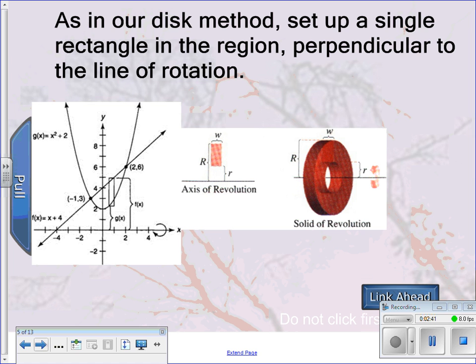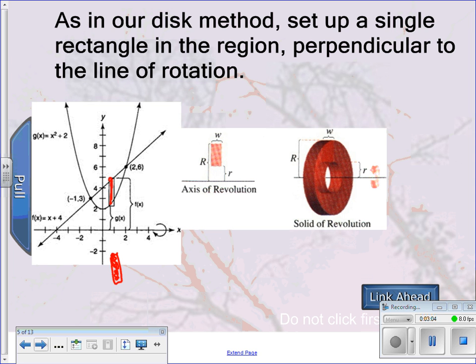So, yeah, we're spinning it around. This is our rectangle here. We're taking this as our rectangle and we're spinning it around so we have a matching rectangle underneath. Once again, our axis of rotation is not a boundary.